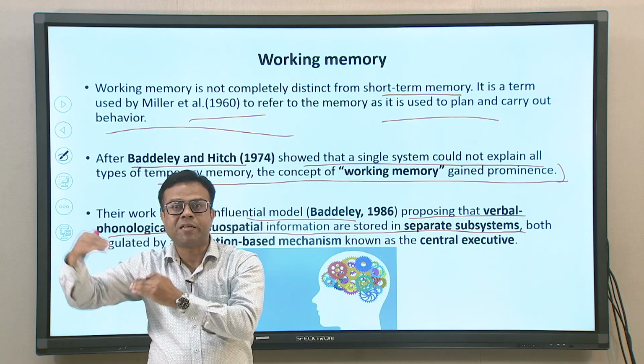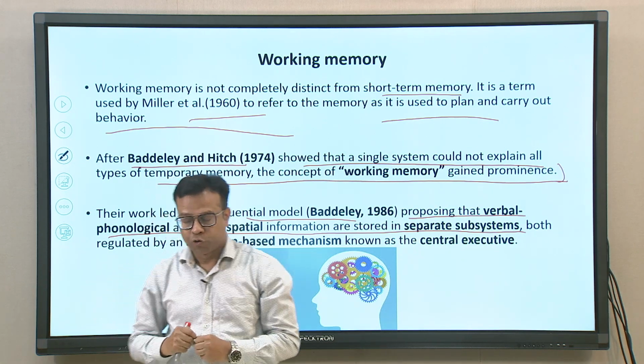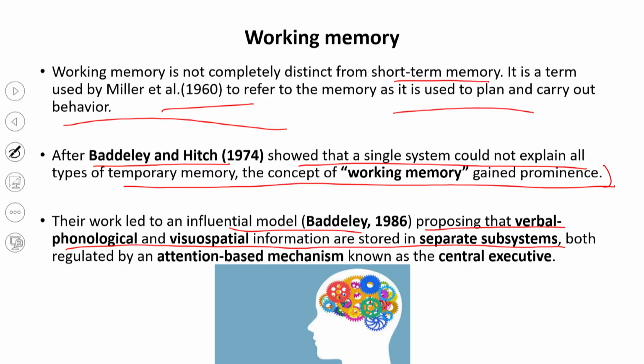Within the short term memory there can be subtypes according to the working memory concept. So, they found verbal phonological, meaning auditory information, whatever we hear in terms of verbal information, and visuospatial information, meaning whatever we see, visual information, are stored in separate subsystems.